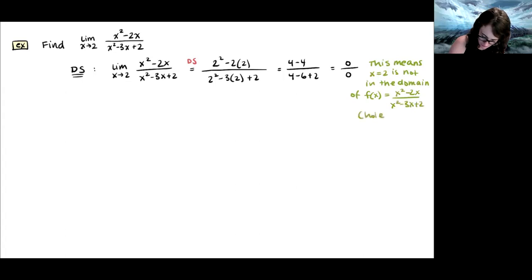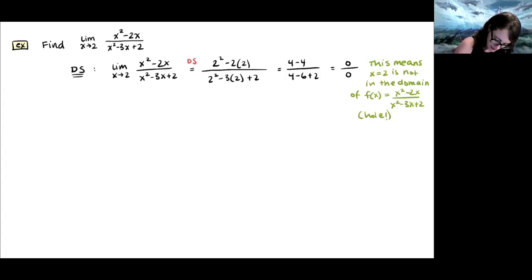There's a hole. But remember, a hole does not affect the limit. But in this case, there's some algebra that we can do here to simplify, right? So if we factor the top and the bottom, we'll be able to remove this hole.